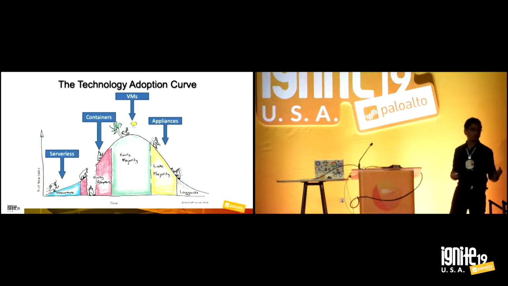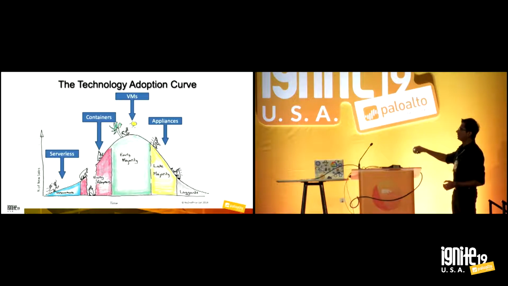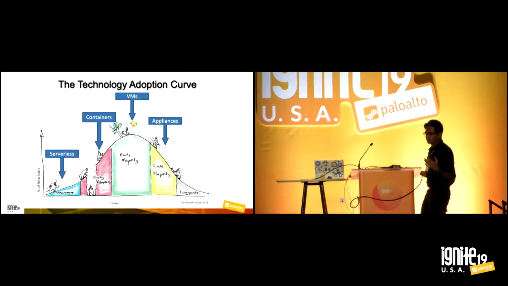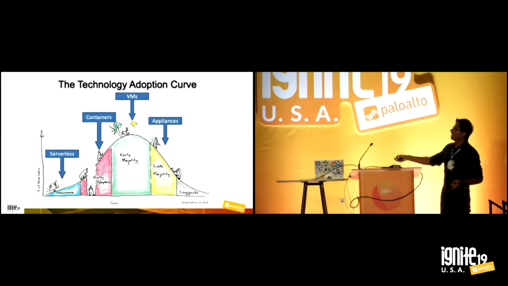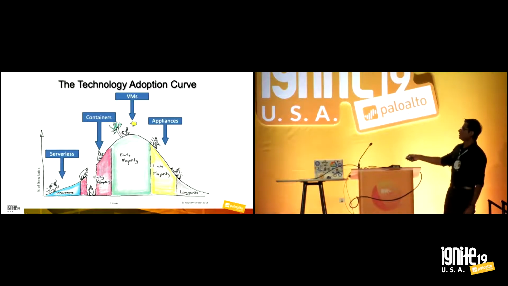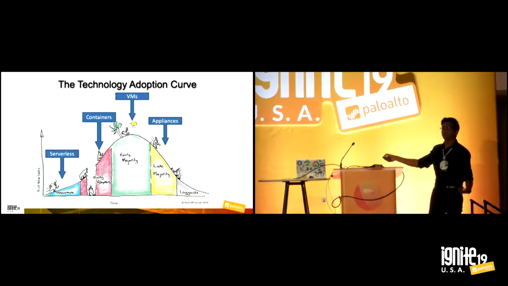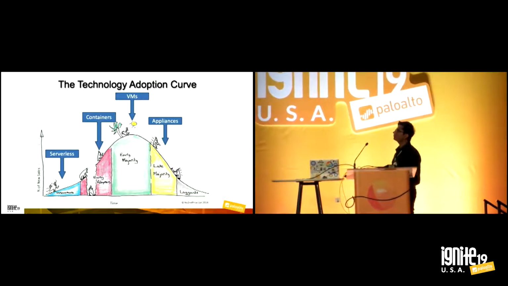If you were to place the new computing technologies, serverless would fall somewhere here. Containers are considered to have crossed the chasm. Right now, virtual machines are the majority of the deployments, early majority. There are still on-prem appliances for your compute, but they're being phased out.